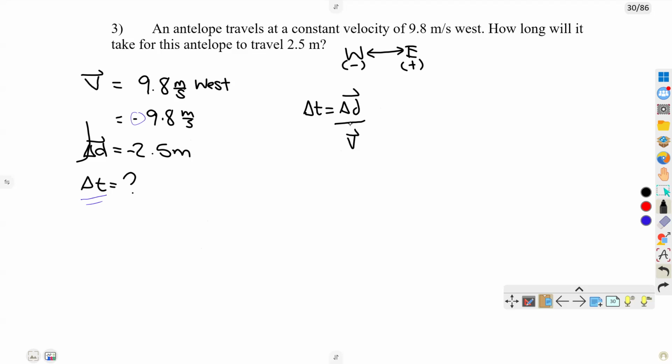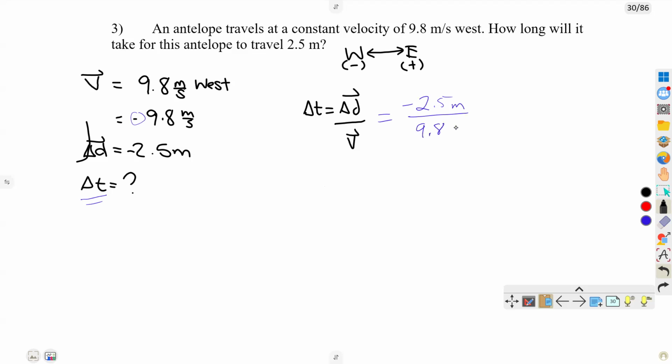So we're going to rearrange our formula where velocity equals delta d over delta t. Now we're just looking for delta t. Plug in the numbers, see what you get. Of course, you're pausing, but plug those numbers in. I'm talking to you, you who's looking at the screen, you need to be doing this. Okay, change in displacement: negative 2.5 meters, or 2.5 meters west.